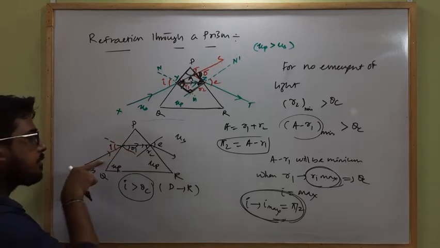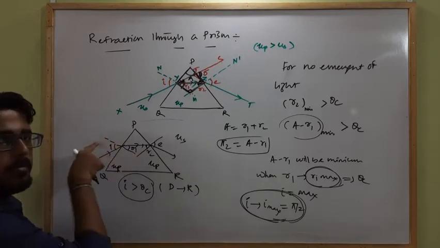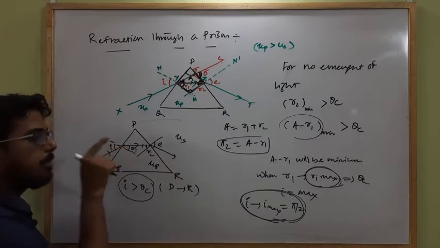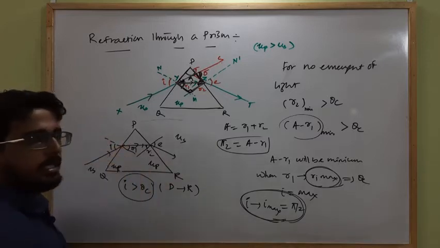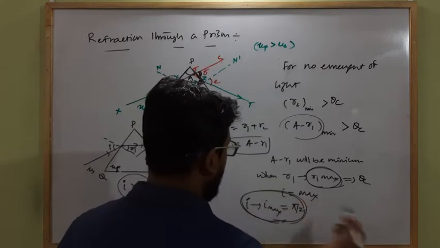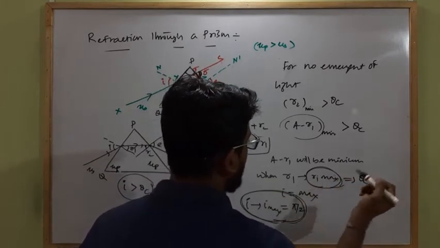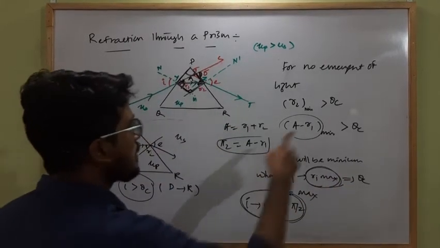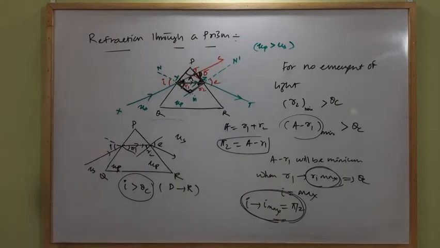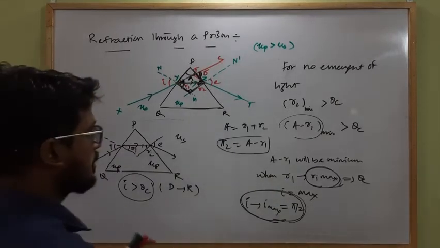Similarly, when light travels from rarer to denser medium, if the incidence angle will be 90, what will be the refracted angle? It will be equal to the critical angle. So here the I max is pi by 2. So what is the value of R1 max? It will be theta C. Then we will get the condition for no emergence of light will be what?